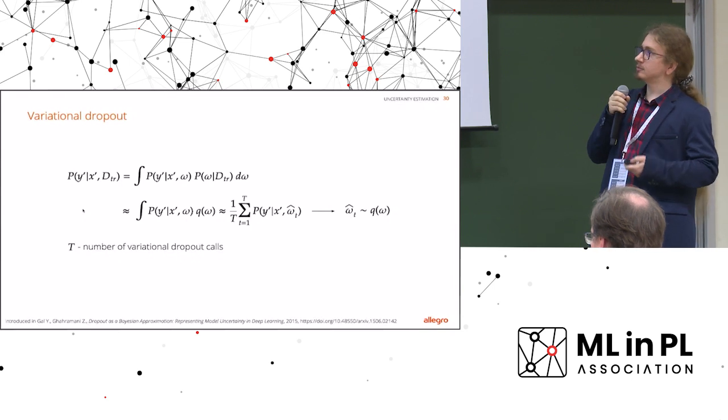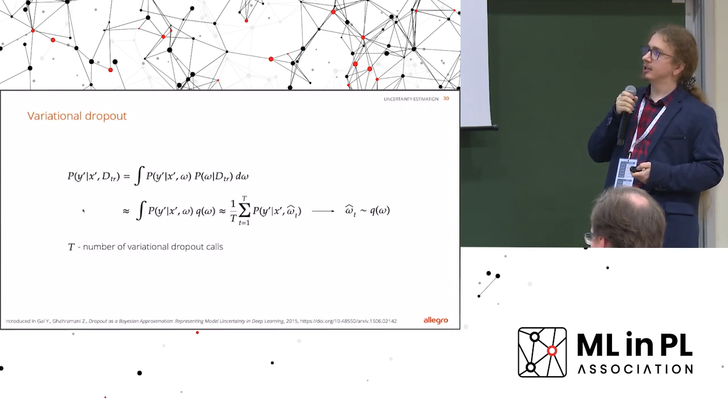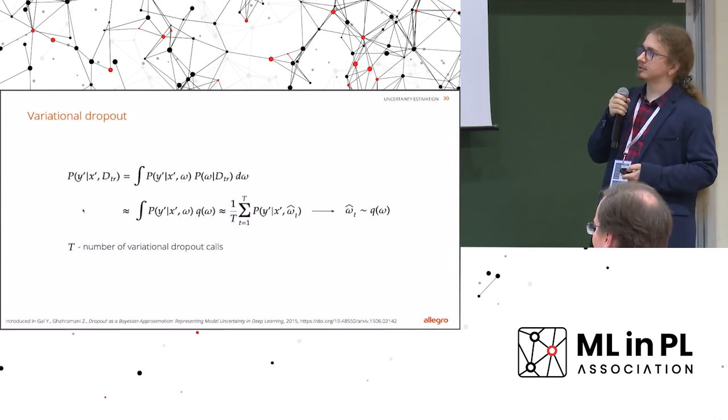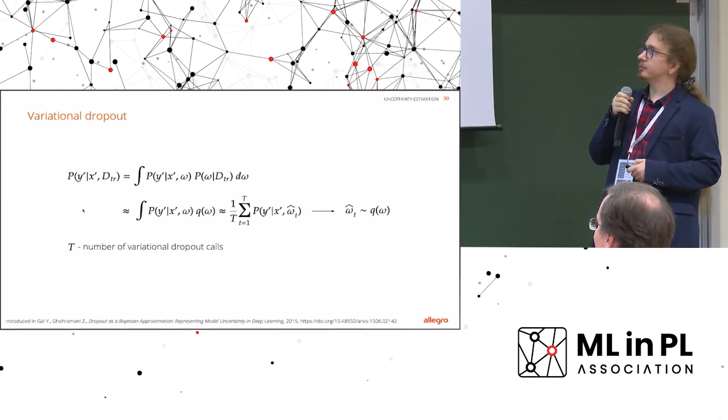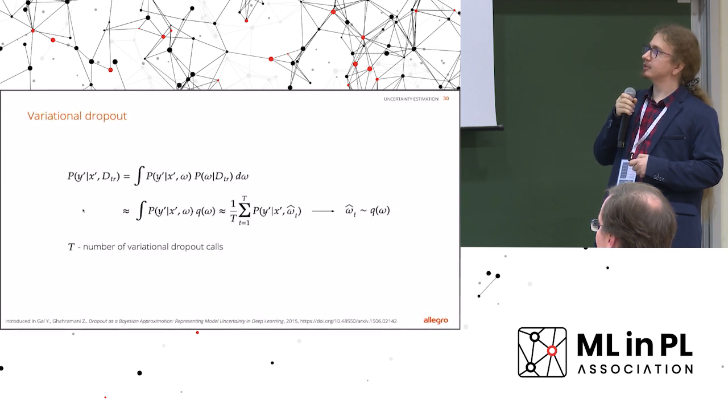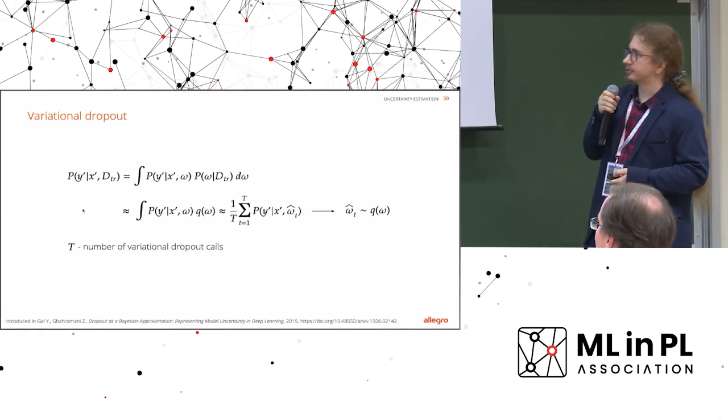This is a hyperparameter which we set for our inference process, and tells us how many times we need to run inference for each test sample. And here again, these model parameters W hat are sampled from our variational distribution, so these are just model parameters with dropout enabled.